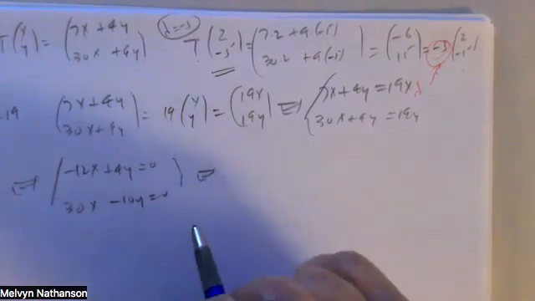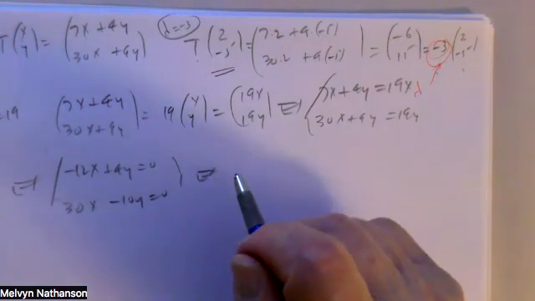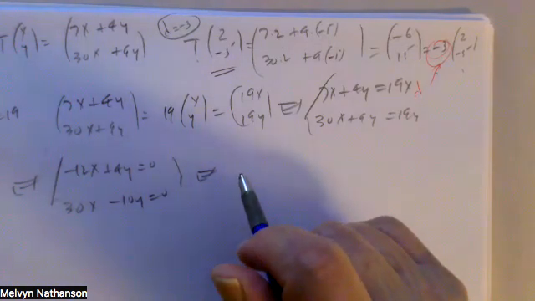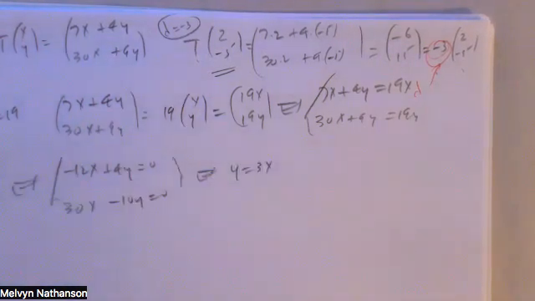Both of these equations are the same as minus 3x plus 4y equals 0, or y equals 3x.